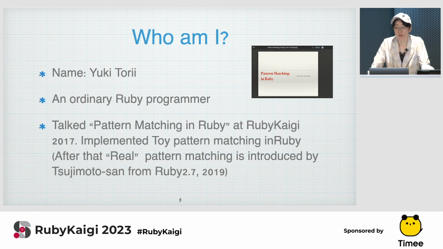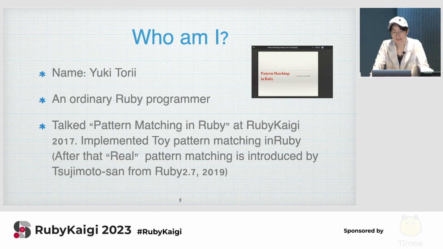My name is Yuki Torii. I'm an ordinary Ruby programmer, mainly developing web applications using Rails. I talked about pattern matching in Ruby at RubyKaigi 2017, and in that talk, I implemented toy pattern matching in Ruby.